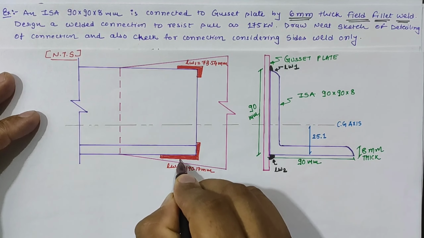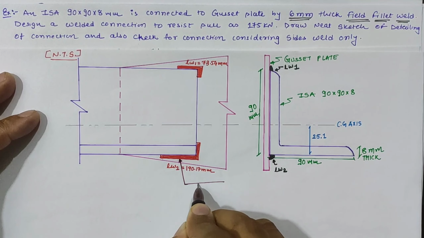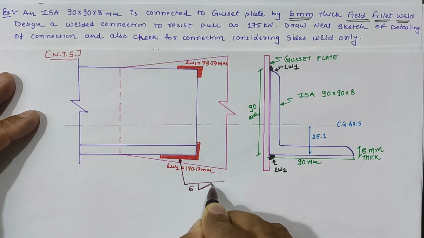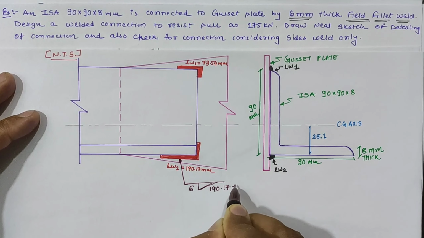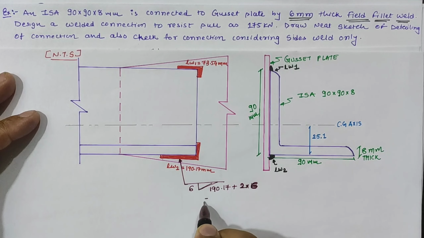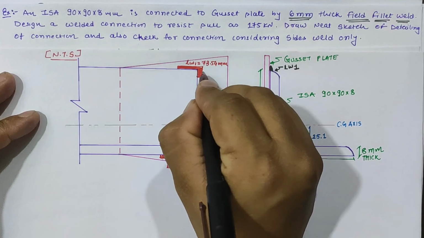So let us indicate the values as 6 mm as a thickness of weld and total weld length is 190.17 plus twice the size of weld, which is equal to 202.17 mm, with end return.